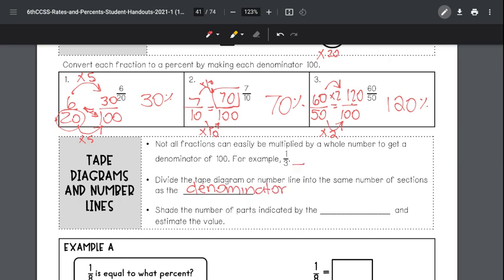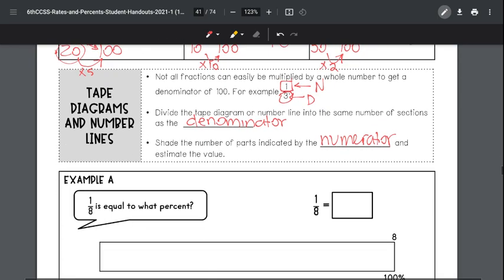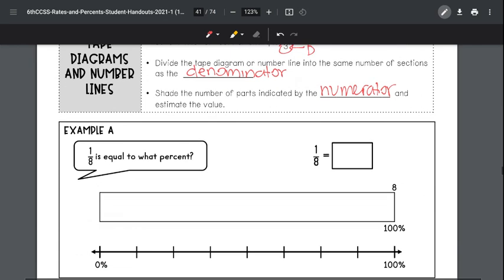So in this case, we would split a rectangle into 3 pieces. Shade the number of parts indicated by the numerator. Numerator, denominator. Which means our rectangle would be split in 3 pieces and we would color in one of those pieces.